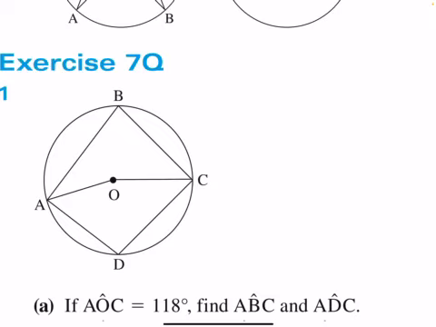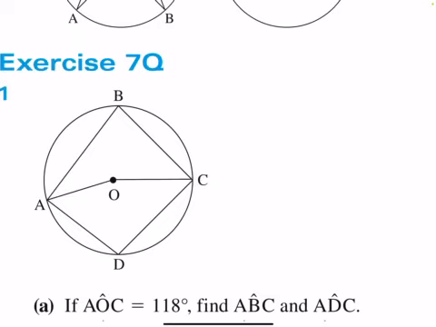So if this is 180 and a circle is 360 degrees, this part is 242. 360, yes. 242 degrees.